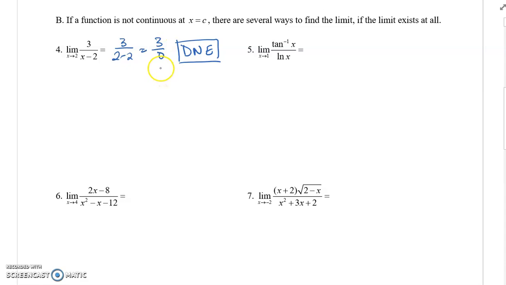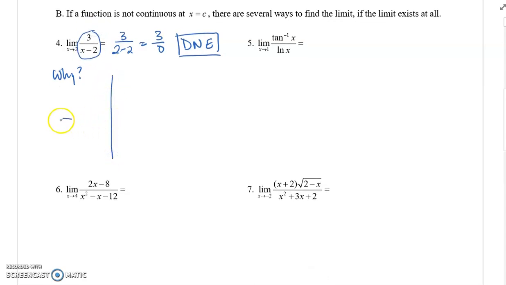Don't leave your answer as 3 over 0. Don't say infinity. That's not quite the same thing. Now, I do want to ask, though, why is there no limit there? Well, this graph, I hope, is something kind of familiar to you. 3 over x minus 2 is just a rational function, and back when we did this, we would have seen that there was a vertical asymptote at x equals 2.